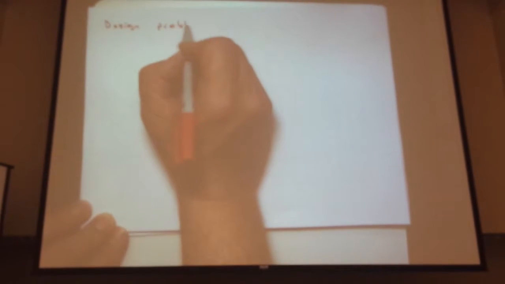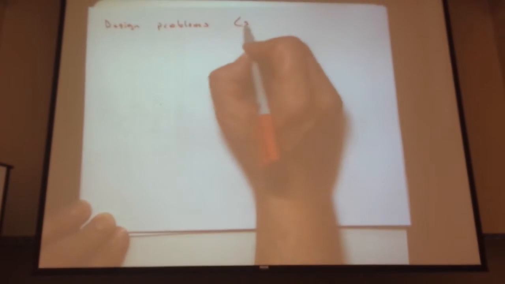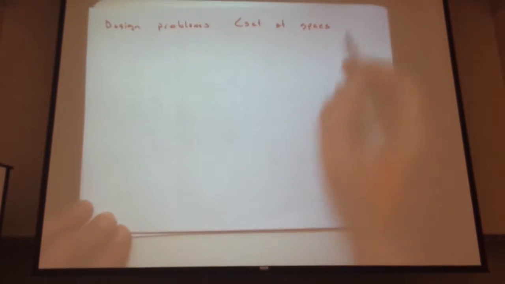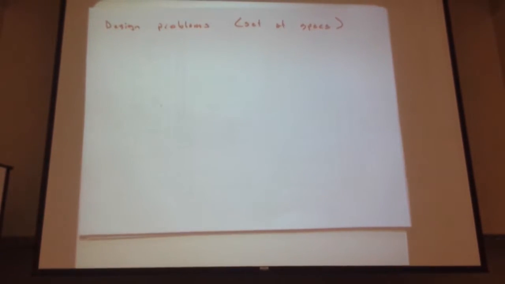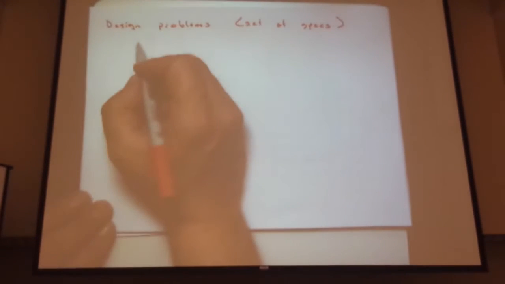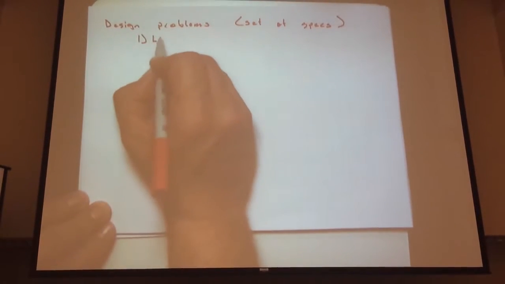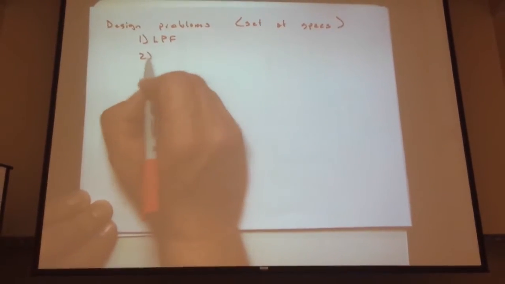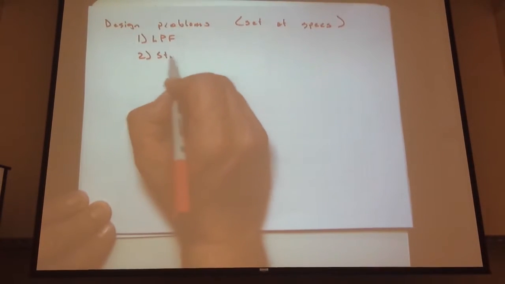So, taking a look at some of the design problems for homework, or what we have in the handout here. These are loosely called design problems. You have a set of specs. Build the circuit. So the first set of specs, we have something that looks along the line of a low pass filter, a stop band, roll off.